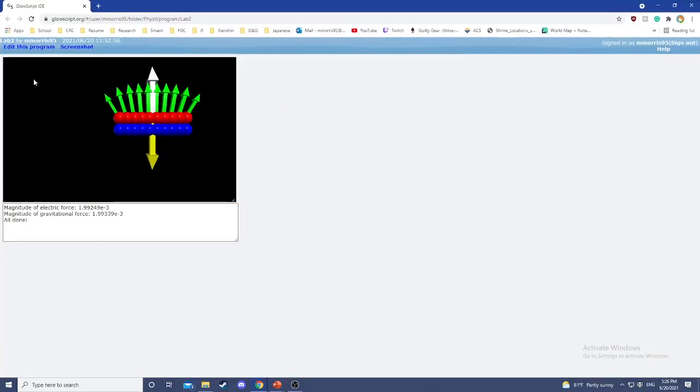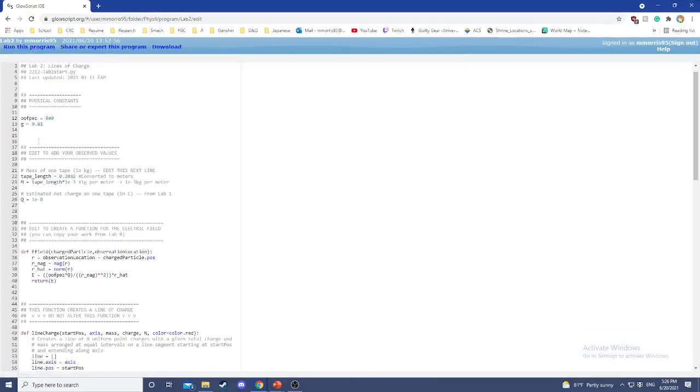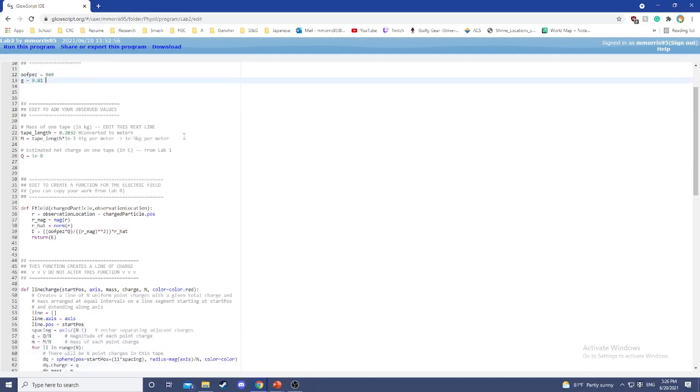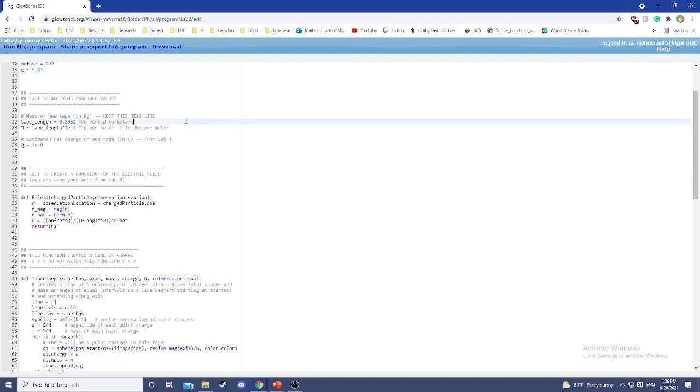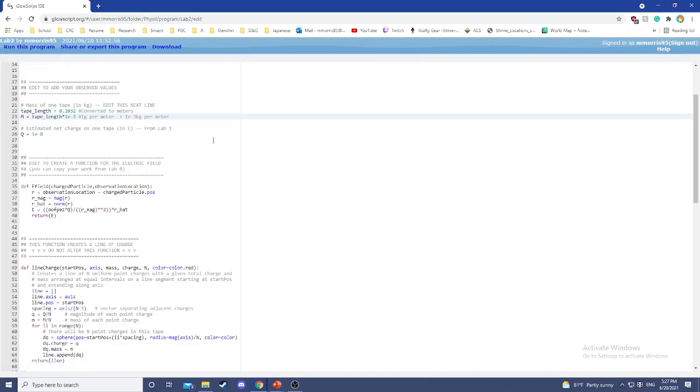Here, pulling up the model, first important thing to note is our physical constants, where we have the electric constant and gravitational constant. Next, we have from our observations the length of the tape, which I used to compute the mass of the tape using easy conversion.